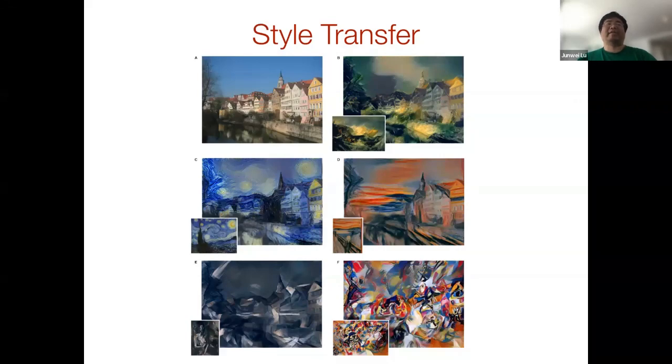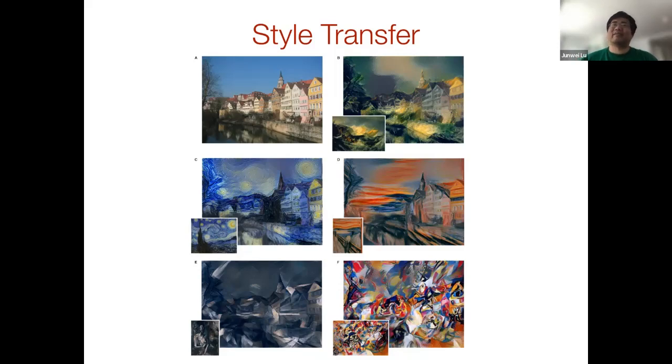In our mind, when we look into an image from these different types of pictures, we can see, oh, these two images have similar styles because they have similar kind of stroke, color, etc. But how do you actually define these concepts in your algorithm?